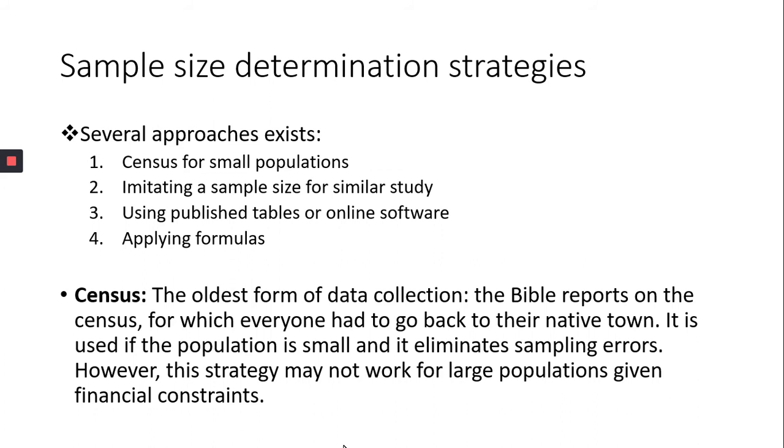Don't say, dear students, next year you are presenting your research, you say, I used 60 people. You don't justify why 60. That is unscientific. You need to say, in this study, 70 or 80 or 100 respondents will be selected. This is in line with a similar study where the same number of people were selected.